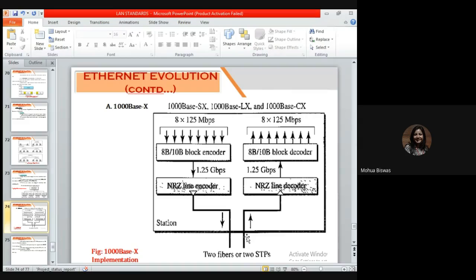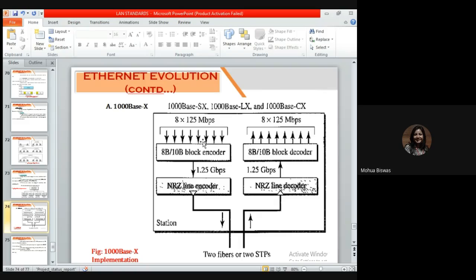Okay. If you see the diagram here, what did I tell you? This type of implementation uses two wires, two cables. That means one for transmission and one for receiving. Here the block encoding mechanism they have used is the 8-bit, 10-bit block encoder.